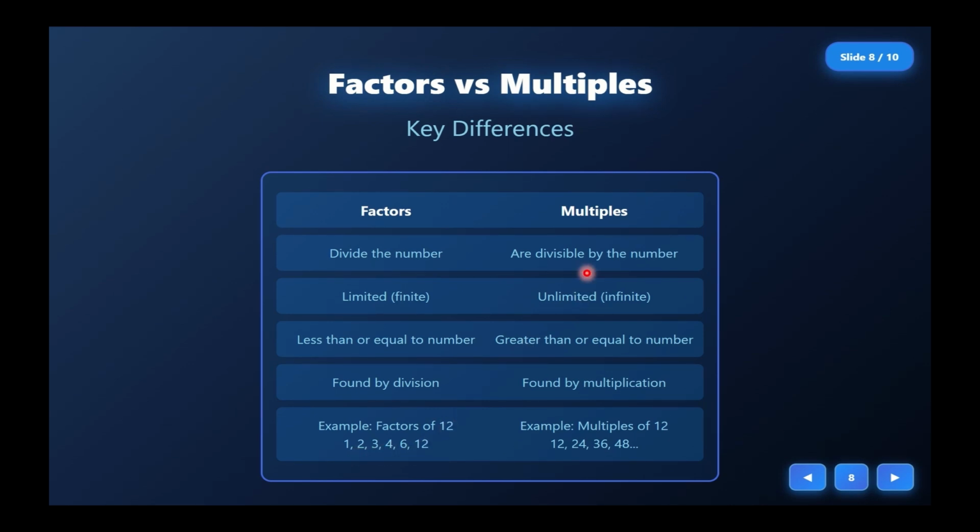When it comes to multiples, the number divides into them. They are unlimited. They go on forever. They are greater than or equal to the number. Example, multiples of 12 are 12, 24, 36, 48, 60 and it goes on. Think of it this way. Factors divide in and the multiples spread out.